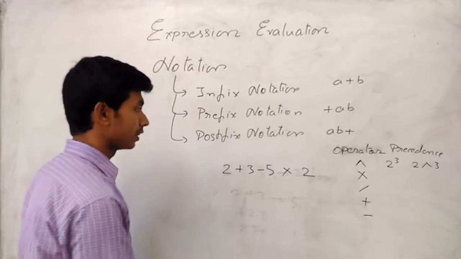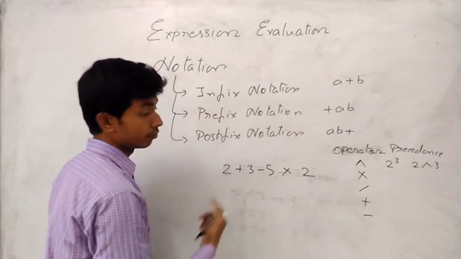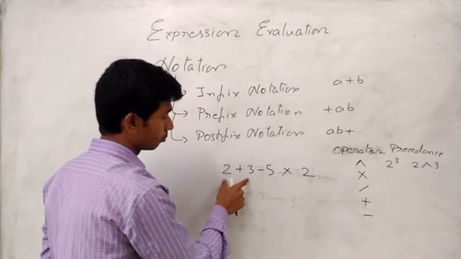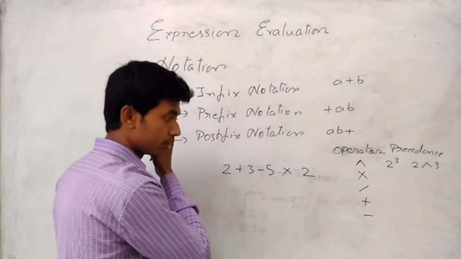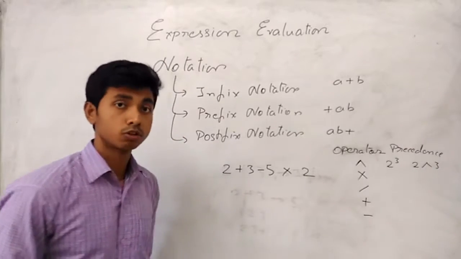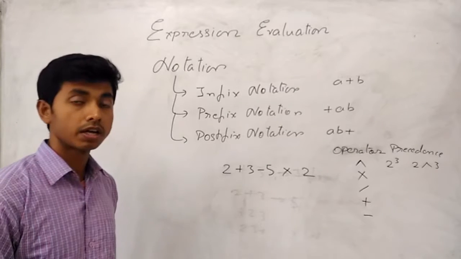If we apply that kind of operator precedence here, we'll get a definite answer: the multiplication will be done first, after that we'll perform the addition, and finally the subtraction. That is one of the techniques through which we operate on multiple operators and operands.